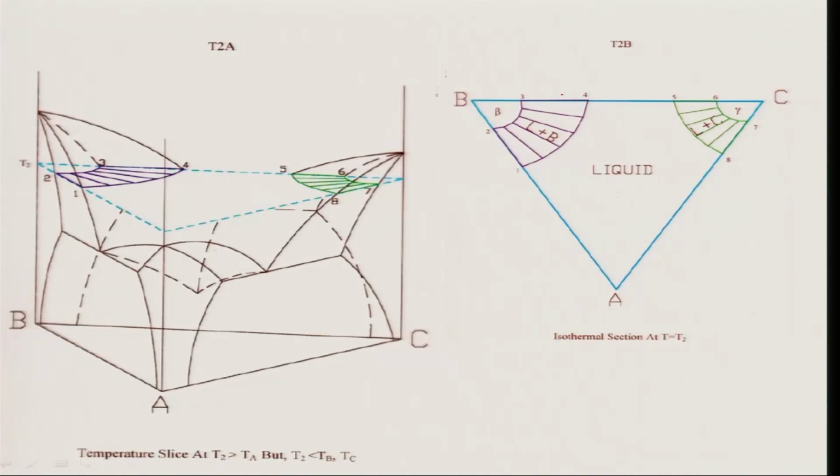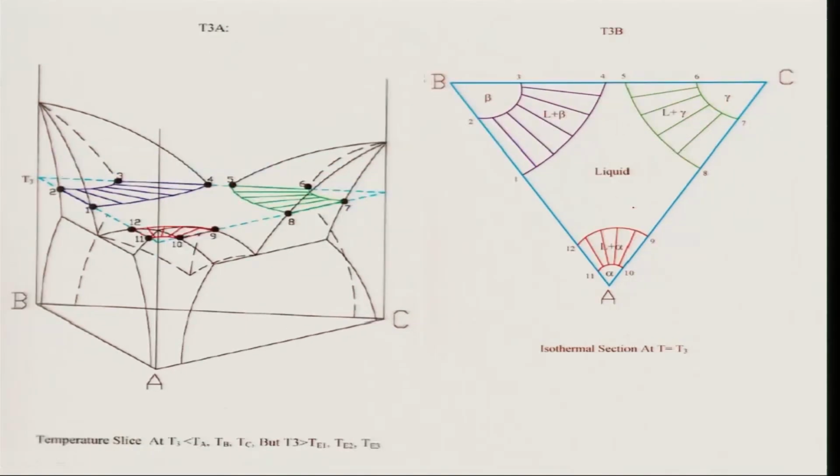What actually happens is that it cuts even on the gamma end, the C end. I am going to show it for when A will be higher than melting temperature also on the board, but let us try to understand the basic things about it. So you have gamma and liquid plus gamma on the C end cut. It has not yet reached the eutectic temperature between B and C, and a liquid. Correct. That is also not very difficult to understand.